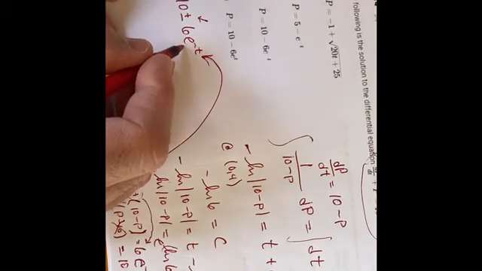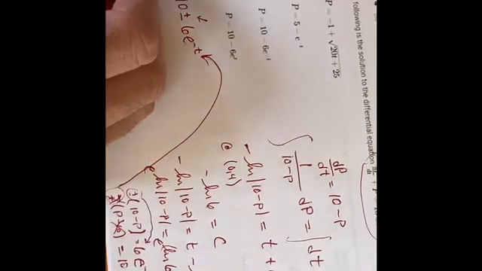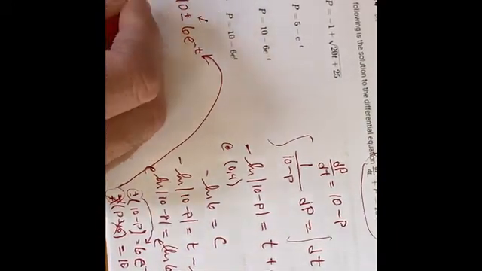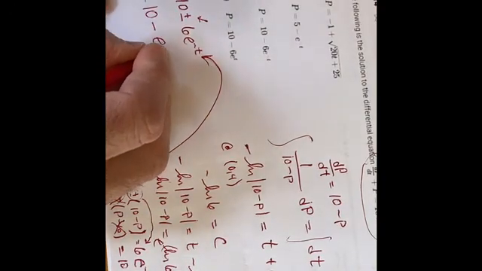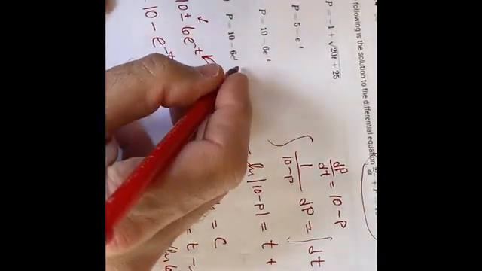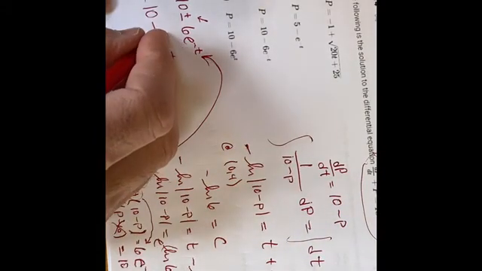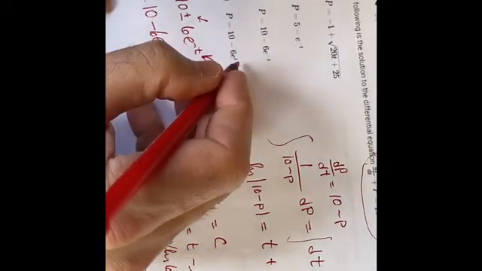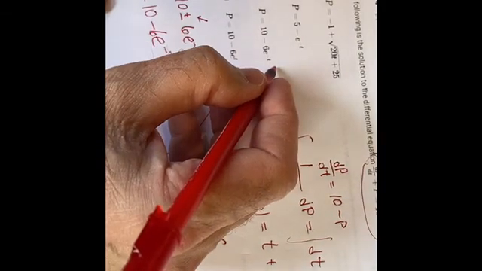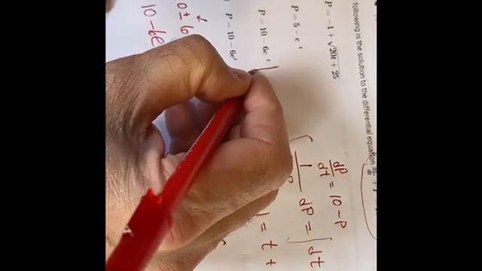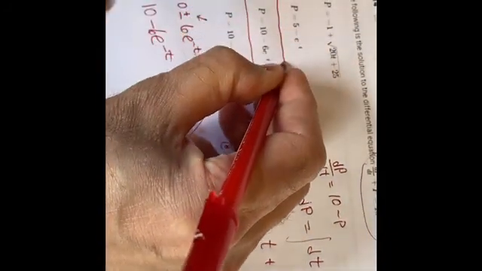And it looks like when t is 0, this is 1, we want 10 minus 6 to get 4. Okay, so this is the answer. P equals 10 minus 6 e to the negative t. Hopefully, I'm sorry, there's a 6 there too. Oh, it's negative t. Yeah.